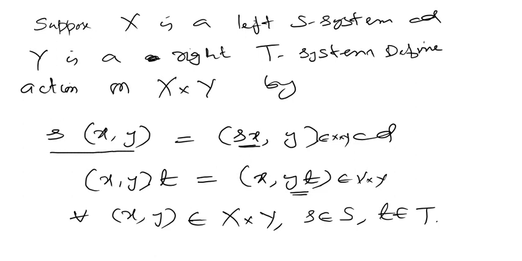First is the left action on X cross Y, so it's a map from S cross X cross Y to X cross Y. Similarly the second action, the right action, is a map from X cross Y cross T to X cross Y. We will see that X cross Y is a left S system and also a right T system.